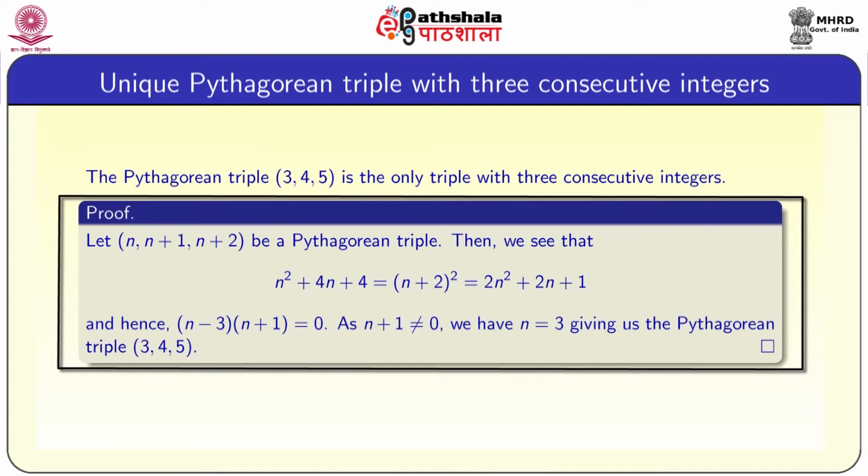Let n, n plus 1, n plus 2 be a Pythagoras triple, then we can see that n square plus n plus 1 whole square is equal to n plus 2 whole square, that is, 2n square plus 2n plus 1 equals n square plus 4n plus 4. Hence, n minus 3 into n plus 1 is equal to 0. As n plus 1 is not equal to 0, we have n equal to 3, which gives us the Pythagoras triple 3, 4, 5.